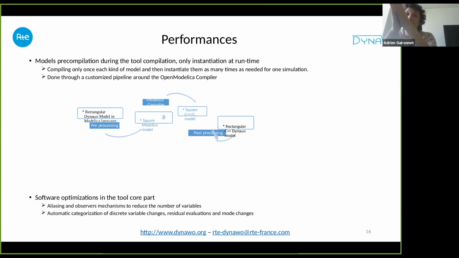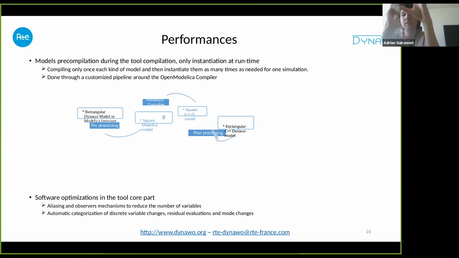With the Modelica model and an additional file describing the missing equations or the missing variables, we build automatically a square model that we compile with OpenModelica. It gives us a square C++ model, and then we just remove the fictitious equations and end up with a model that is identical to the original one and that we can only instantiate at runtime.